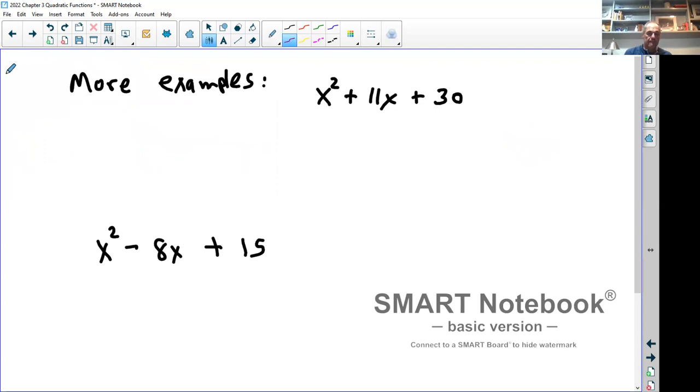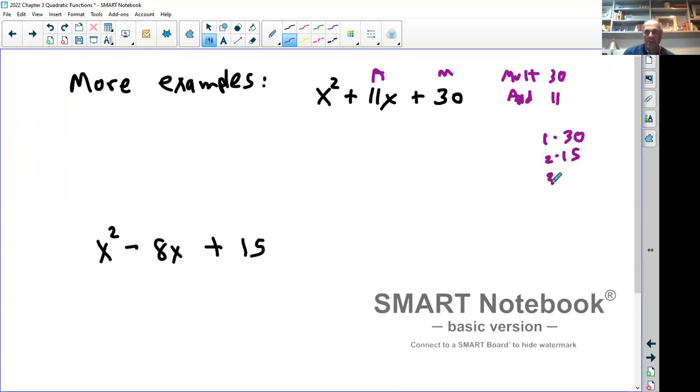Do some more. x squared plus 11x plus 30. Oh, that's a multiplier or adder. The 2 numbers multiply to 30 and add to 11. I know you know it's 6 times 5, but let's do a process. Multiplying to 30 could be 1 times 30, 2 times 15.